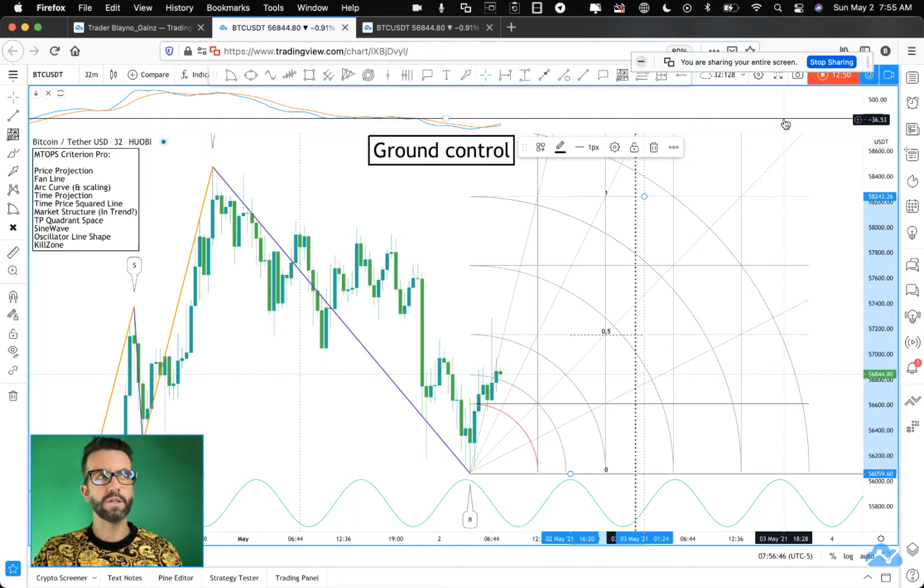Don't get too egotistical about plays just because you put your position in and you feel like, it's got to go to target, I've put in so much time and effort and energy into this week, and then it slides out, hits the stop loss, or takes you into the red, and you're like, oh gosh, what's going on. Work with the market, respect the market, flow with the market, and when it's the right time to make those big plays, be there for that. That's how you win at this game.